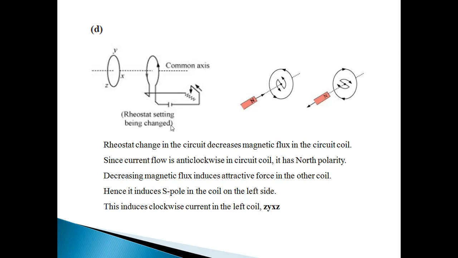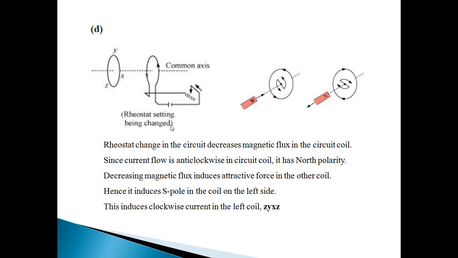Now in this diagram here, we have a plain coil on the left side of the circuit coil. So here the circuit is very clear to us. The coil in the circuit has an induced current in the anti-clockwise direction. Rheostat change in the circuit decreases magnetic flux. You can see the arrow mark in the rheostat is towards the lesser side.